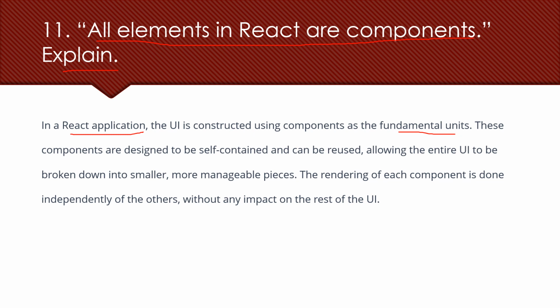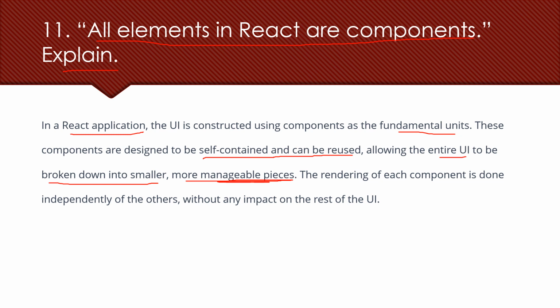units. These components are designed to be self-contained and can be reused, allowing the entire UI to be broken down into smaller, more manageable pieces. This is the main word. The rendering of each component is done independently of the others without any impact on the rest of the UI.